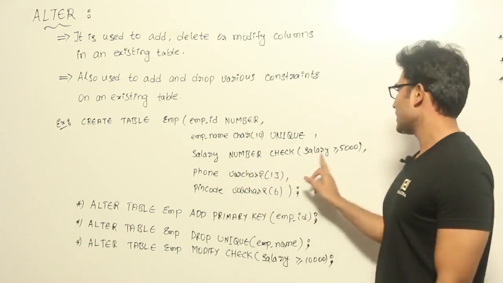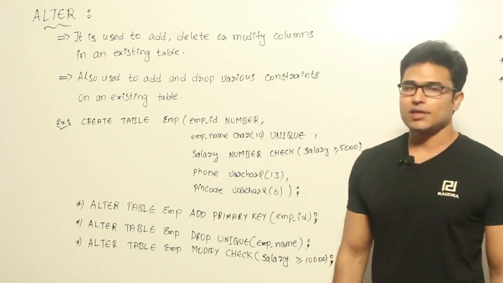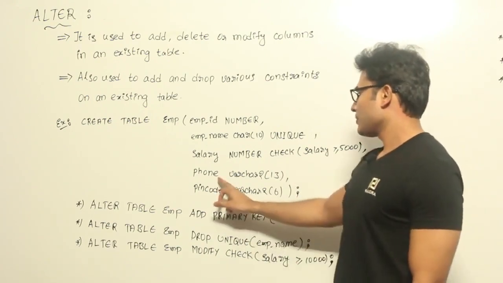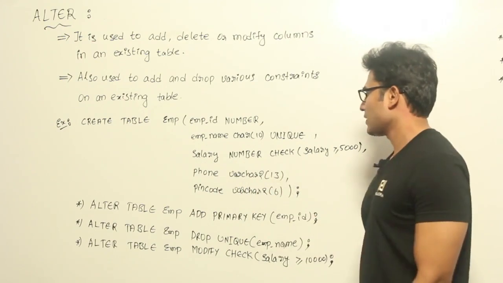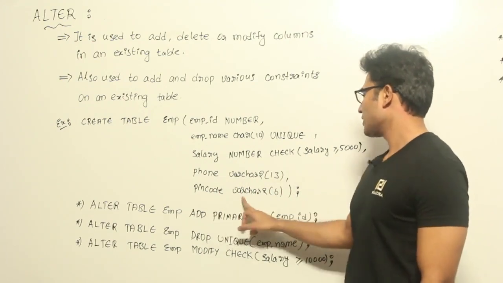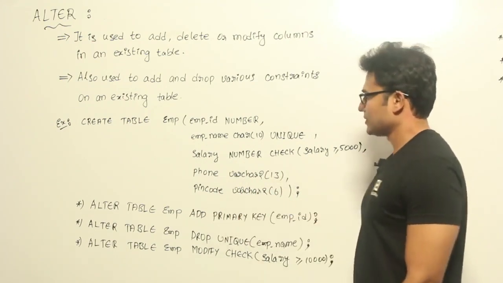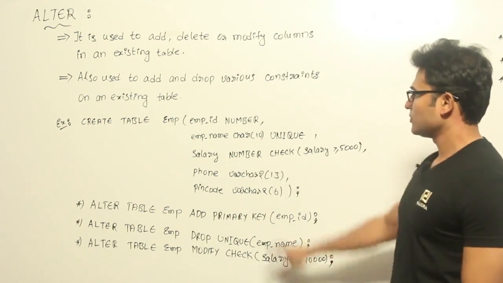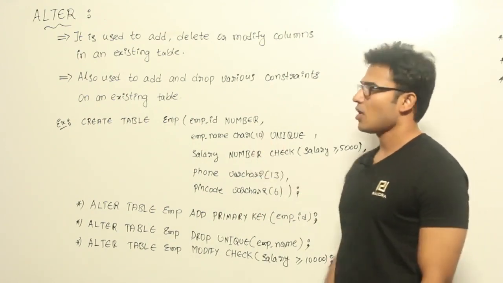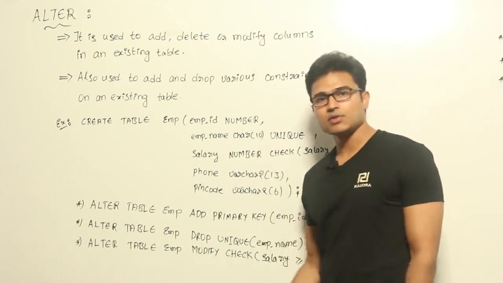The check is that salary has to be at least 5,000, and phone number as a variable character of length 13, and pin code as a variable character of maximum length 6. Okay, now assume that this is the table which is created. On this, if you want to perform alterations, you can do it.